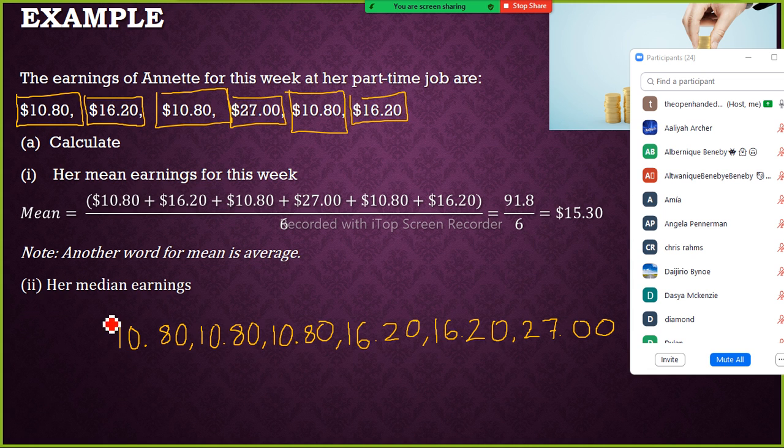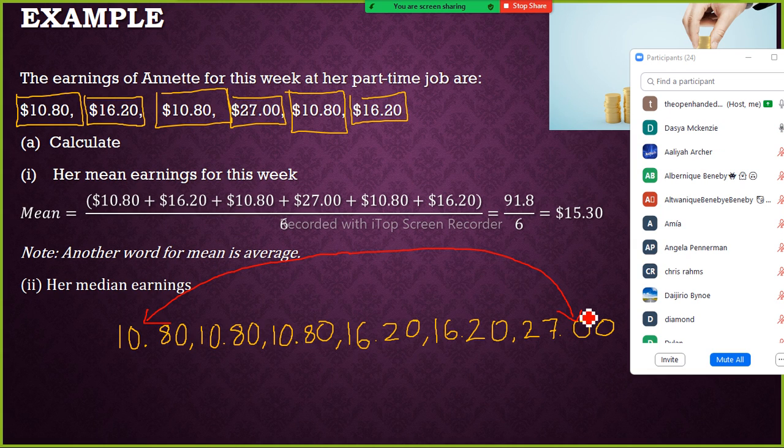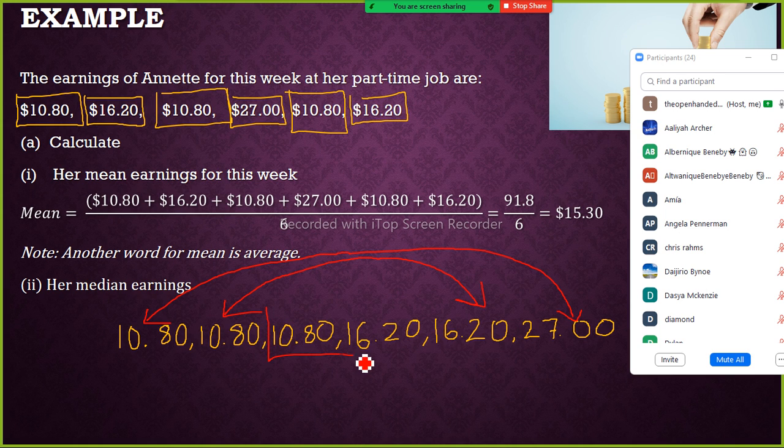So I am going to connect 1080 to 27, and then 1080 to 1620. And so we have two in the middle. You see that? 1080 goes with 27, 1080 goes with 1620, and these two are in the middle.